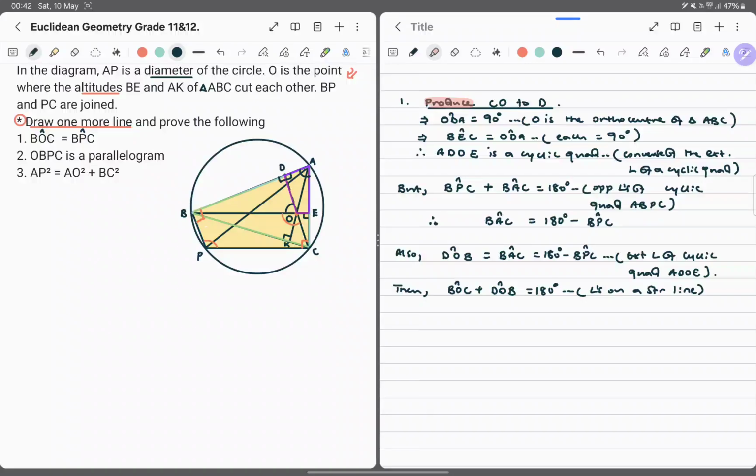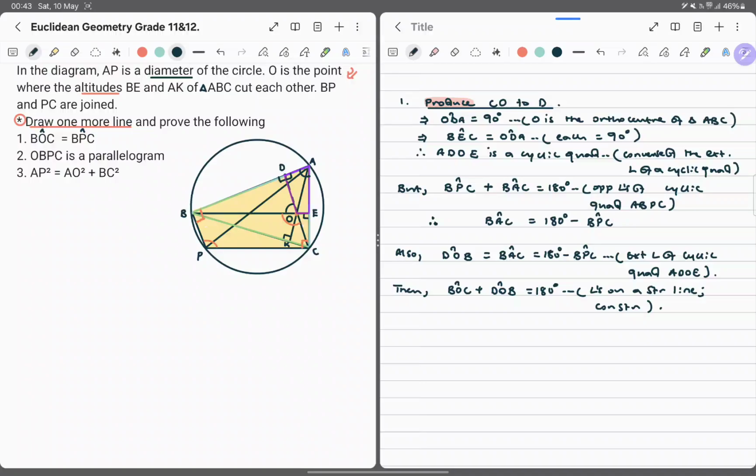Because we produced a line. Once we say we produce, we suggest that COD is a straight line. Here we can say either by construction or whatever we want to say, but obviously let's justify that this came from our construction as well. Can just say construction because it was not necessarily given, but now we're using it because we're asked to do this.